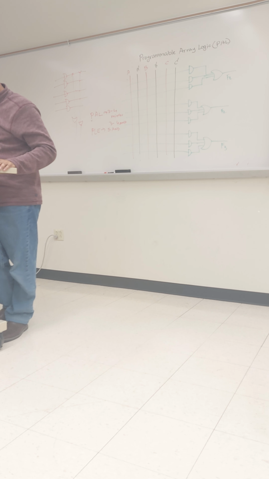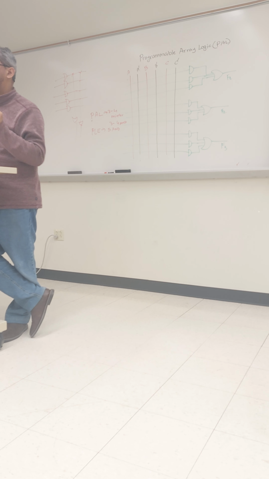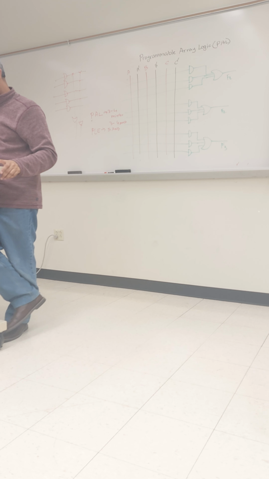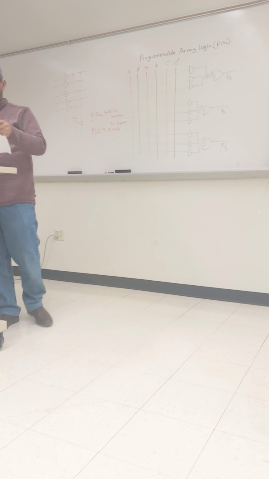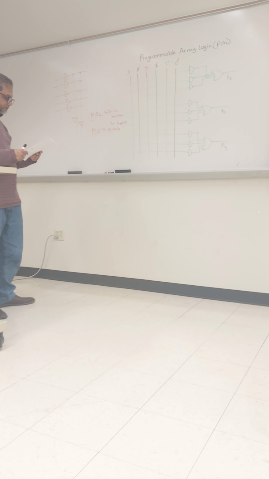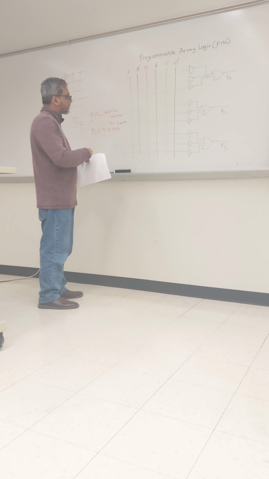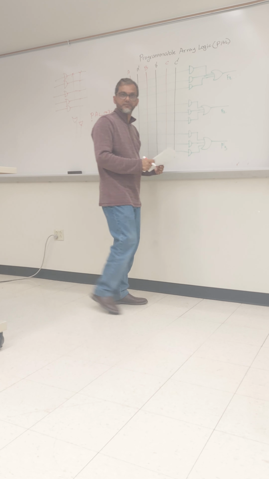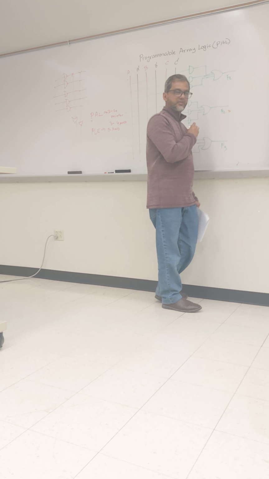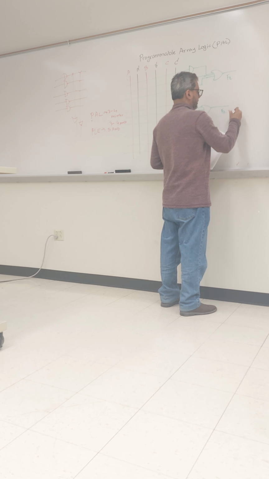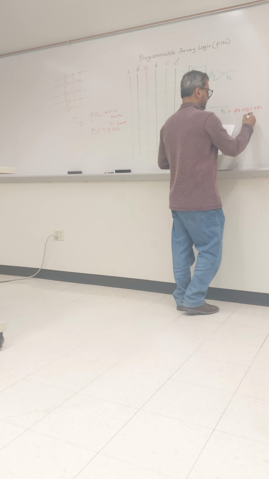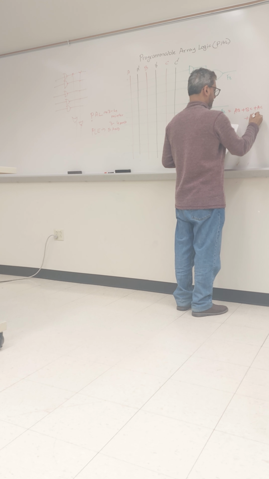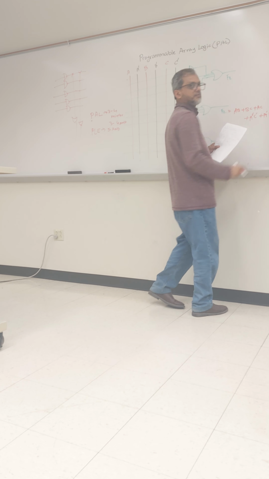So in the PAL system, the number of product terms generated is limited. That is the first point, and we can overcome it. But how? Just for example, say this function has the minterms AB plus BC plus AC plus A bar C bar plus A bar B bar.